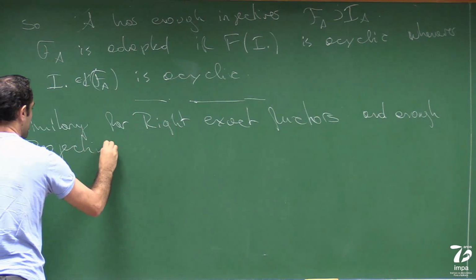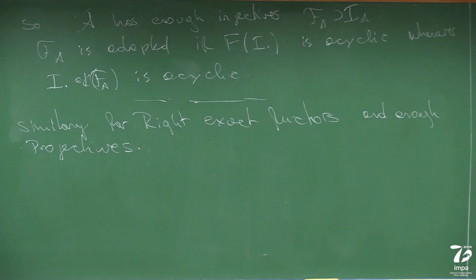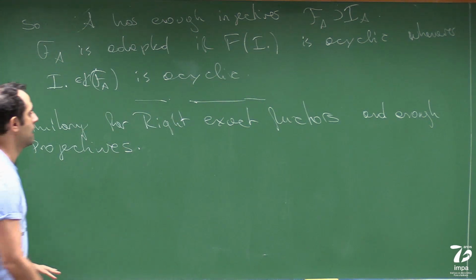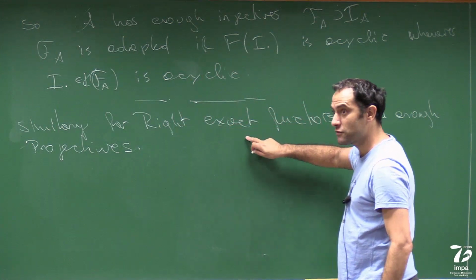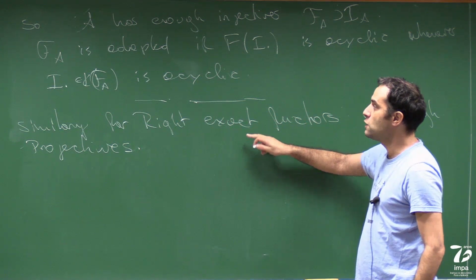We have an example of this situation where we have a category with enough projectives, say modules over a ring has enough projectives, and we have a functor which is right exact, and we can compute the left derived functor of that functor by using acyclic objects.